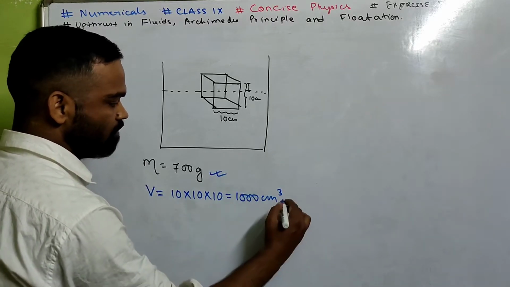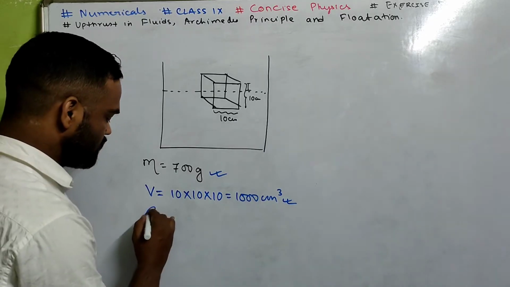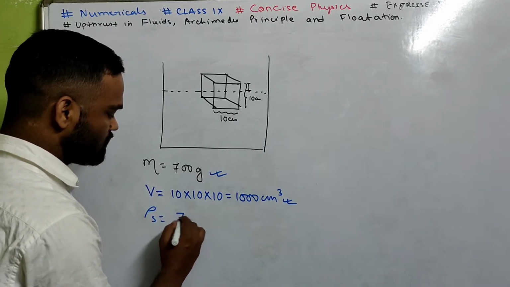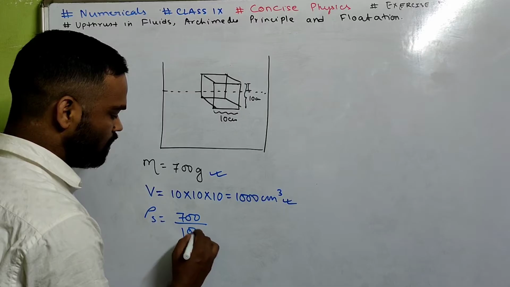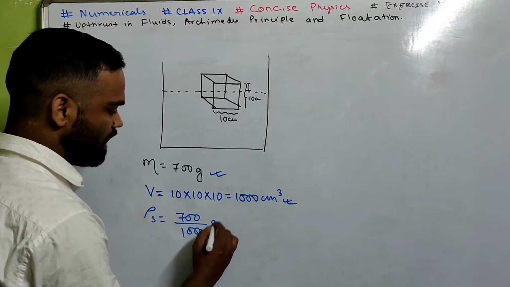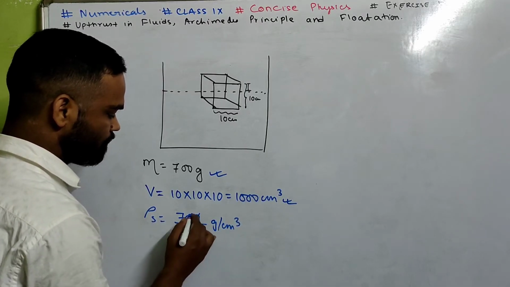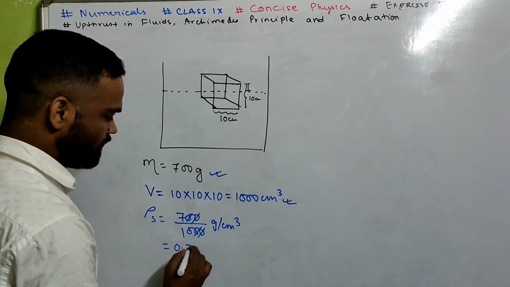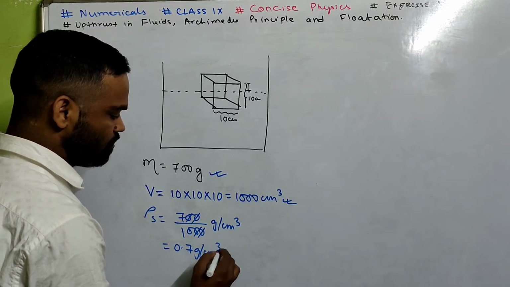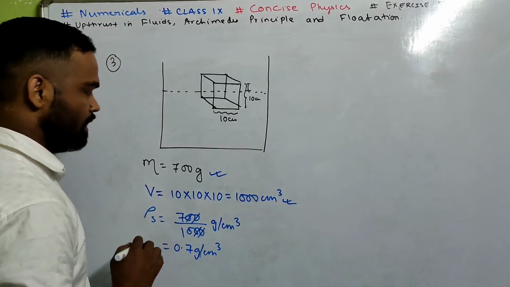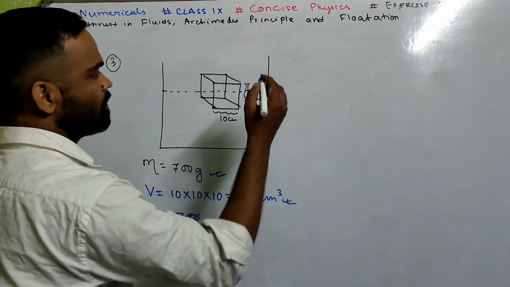You have mass, we have volume. Density of the solid is mass by volume. Yes or no? Gram per centimeter cube. That is 0.7 gram per centimeter cube. Done. Now, look carefully.